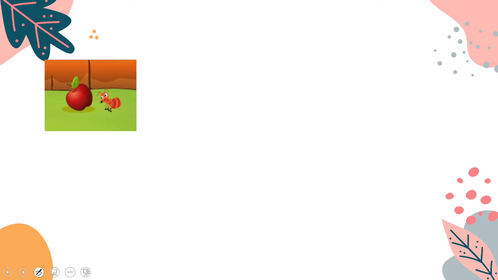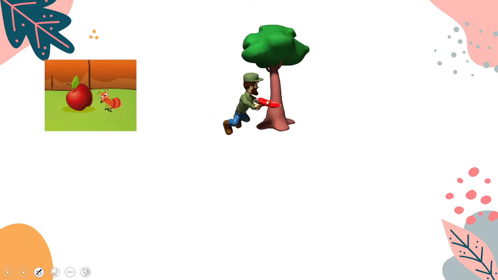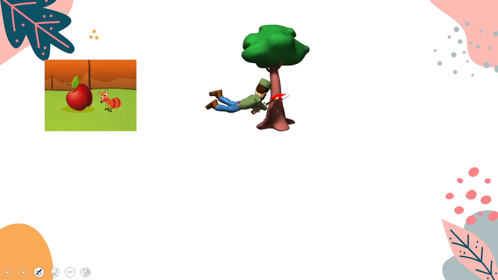And she said, "Oh my God, what a beautiful red juicy apple." She was very happy, but suddenly she heard a loud noise of chop, chop, chop. As she lifted her head, she saw a man cutting the apple tree with an axe. His arms go up and whoosh, he chopped the tree.